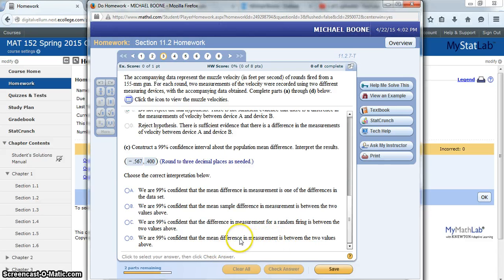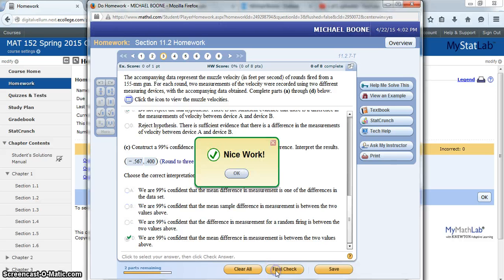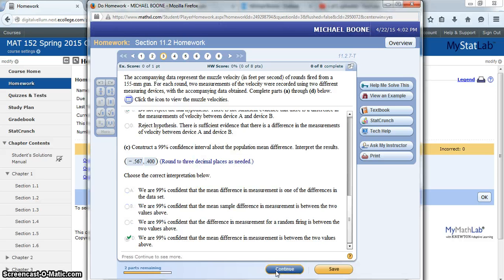Oh, the wording. We are looking for the mean difference in measurement, and not of the sample. We're trying to conclude something about the population, so that's why it's not this one. And that should be correct. I'll cross my fingers. Good.